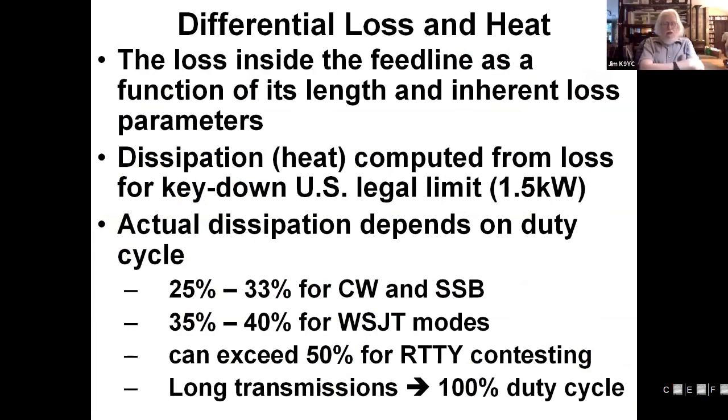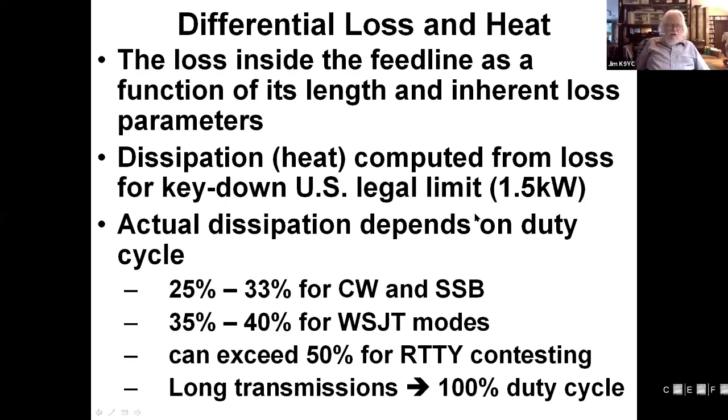The actual dissipation will depend on the duty cycle. These numbers are for legal limit key down, but actual dissipation will depend on the duty cycle. So 25 to 30% for CW and sideband, 35 to 40% for WSJT modes, and 50% or more for RTTY contesting.